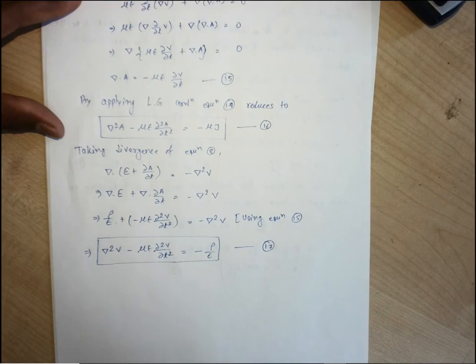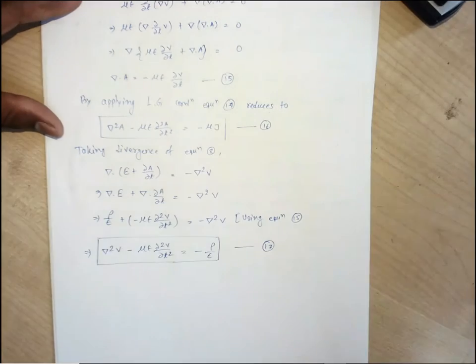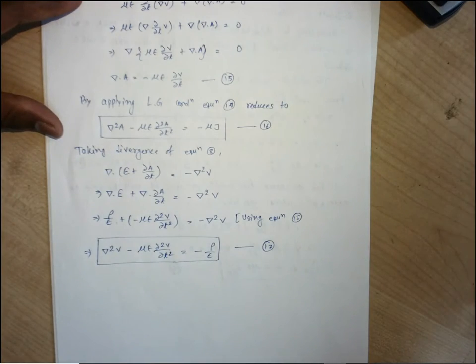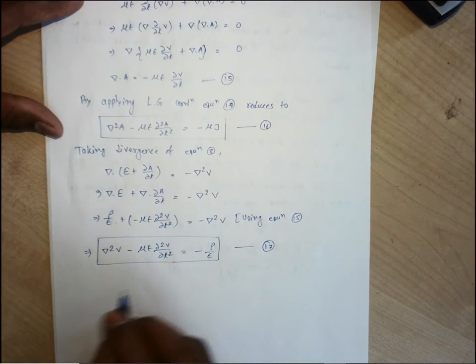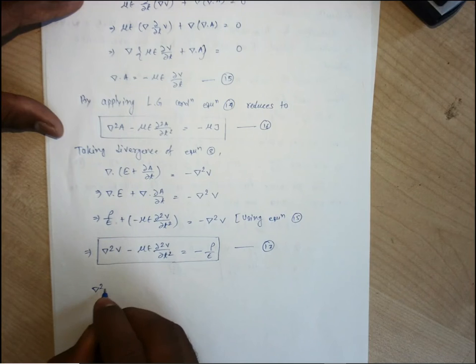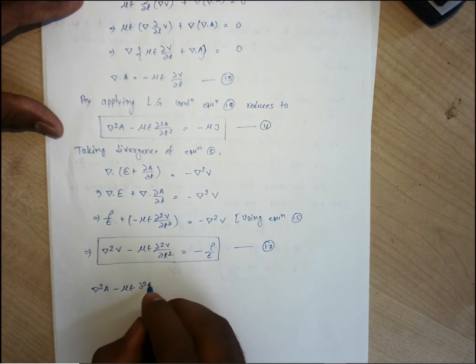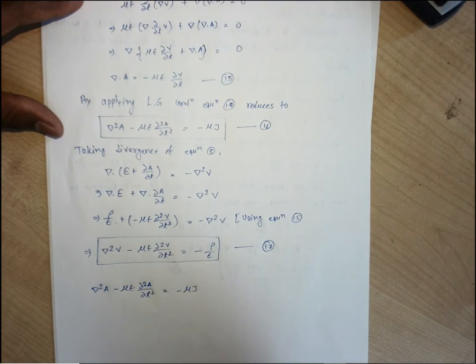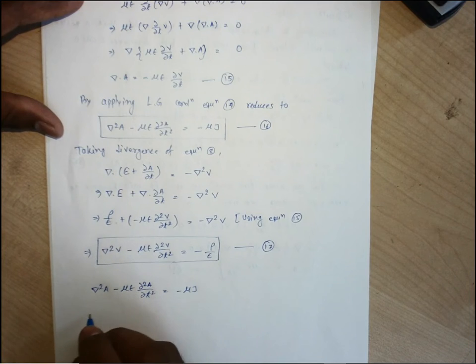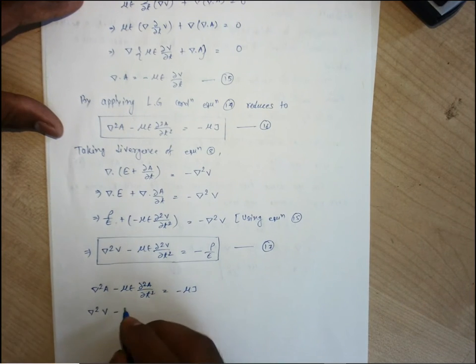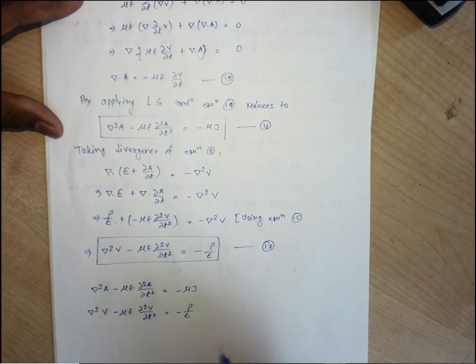So these two equations are the same as the wave equation. So if we write all together, that is del square A minus mu epsilon del 2A by del T2 is equal to minus mu J, del square V minus mu epsilon del 2V by del T2 is equal to minus rho by epsilon.